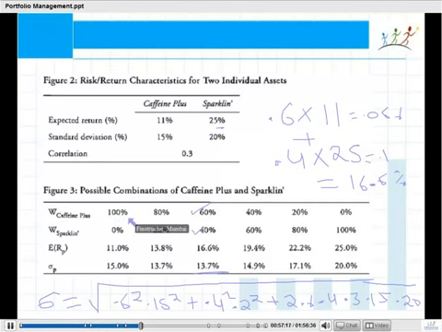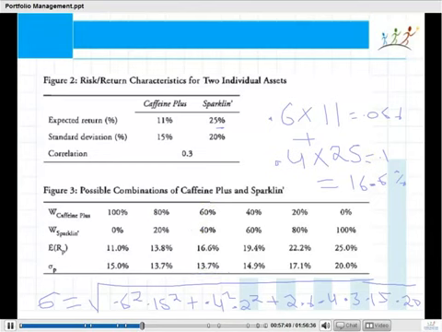I can have 14.5% of Caffeine Plus and 85.5% of Sparkling. So I can have different weights of the two assets and compute different portfolios by the combination of these two assets. This table represents a few of the combinations that I have created by weighting the assets in different proportions.